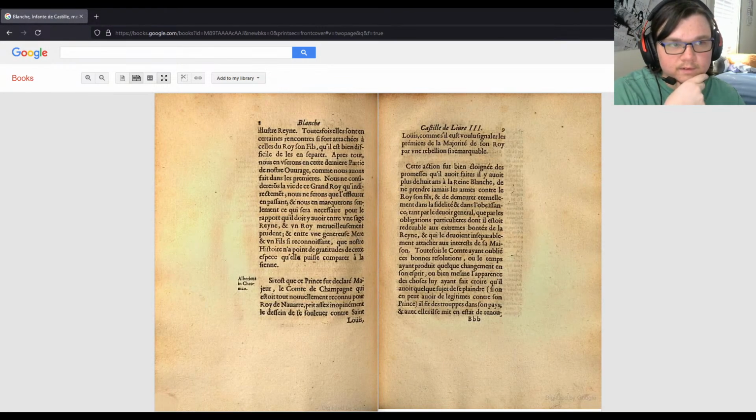I'm back to this book, looking through stuff again.